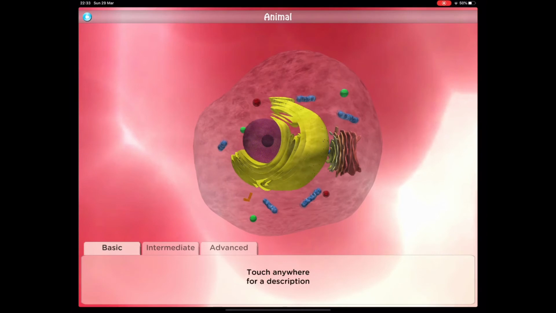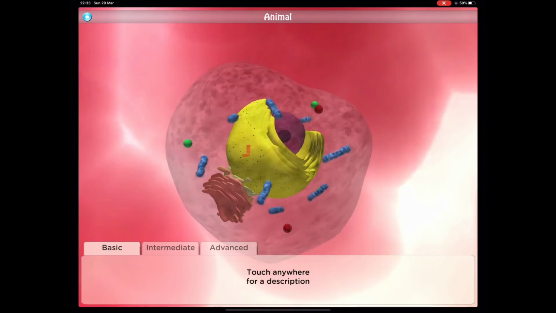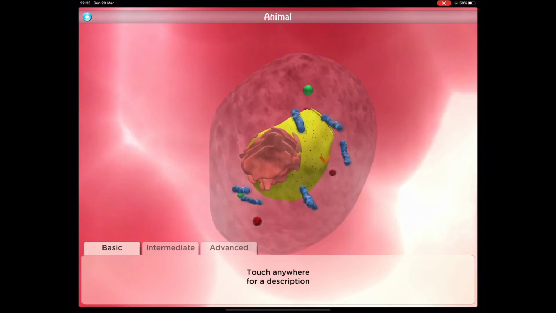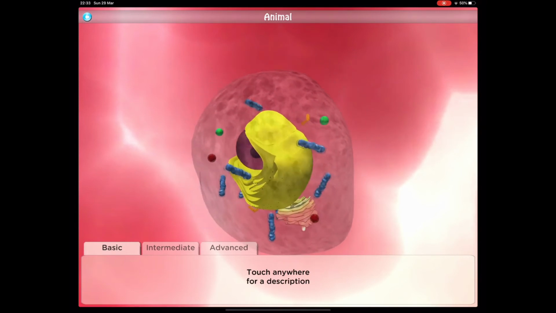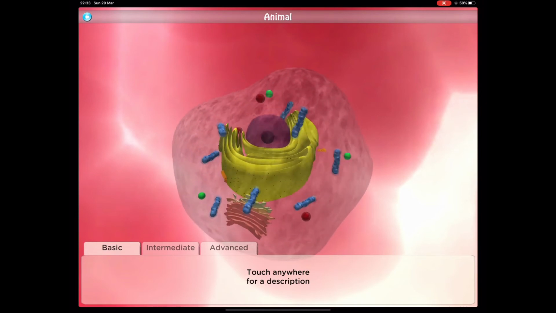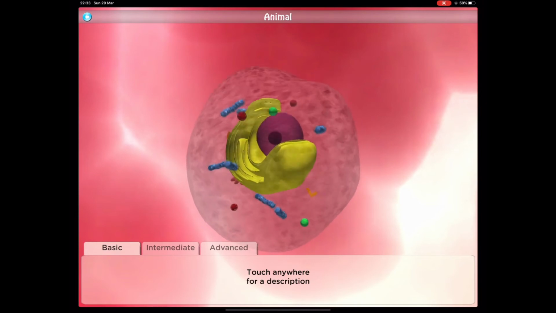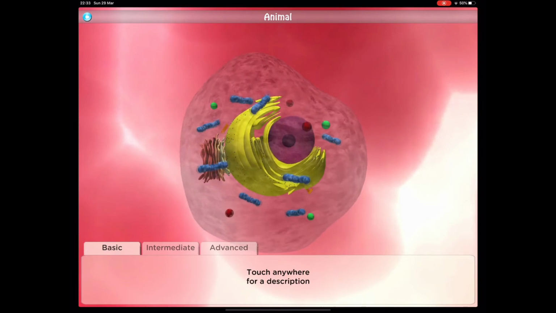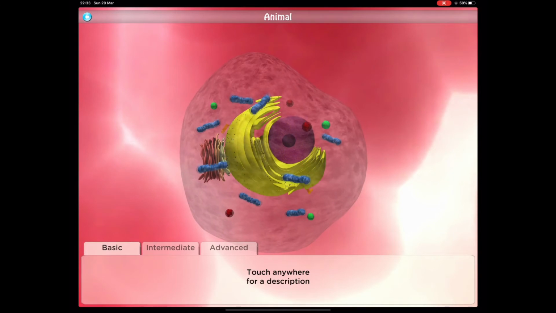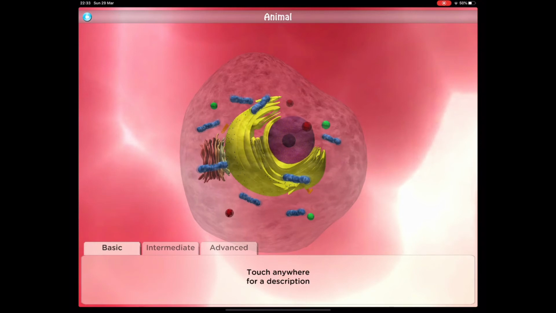Here you can see a typical eukaryotic cell. Now, you may notice some of the organelles that were shown in the diagram represented here. Now, I want you just to take a look at a few key organelles that you need to be aware of.